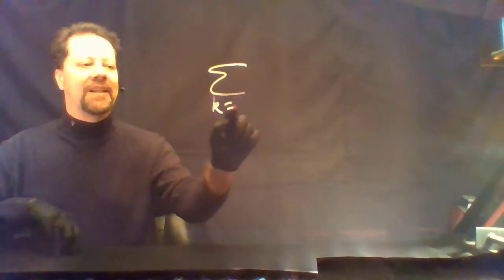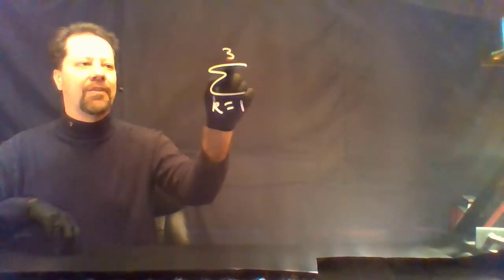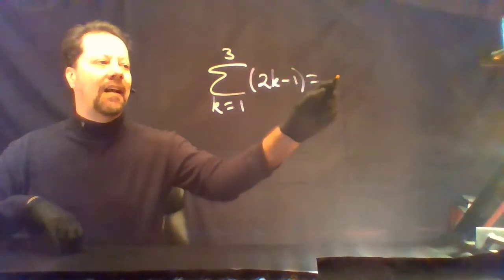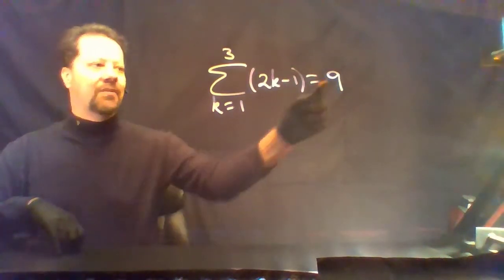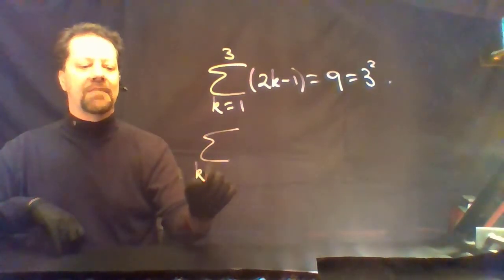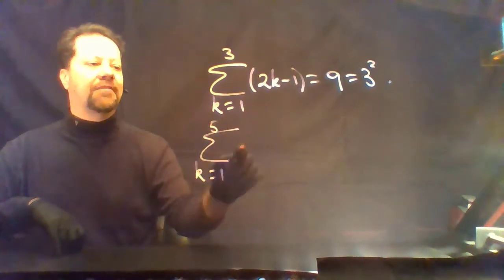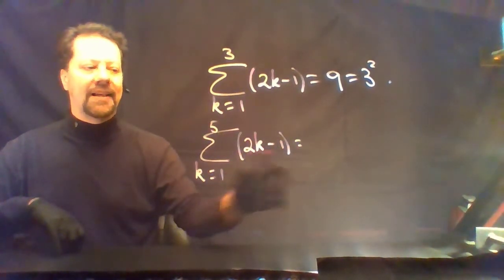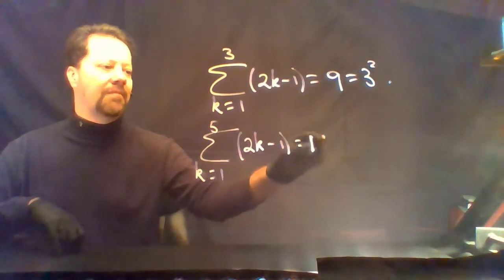We saw this in an earlier example when we did the sum as k goes from 1 to 3 of 2k minus 1, and we ended up with 9, which happens to be 3 squared. Let's look at the example, the sum as k goes from 1 to 5 of 2k minus 1. When k is 1, you get 1.